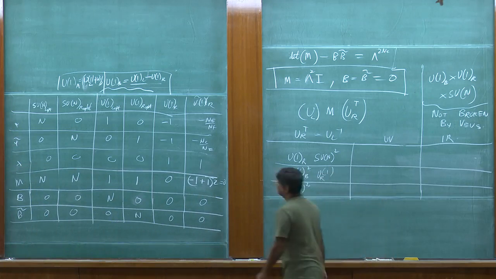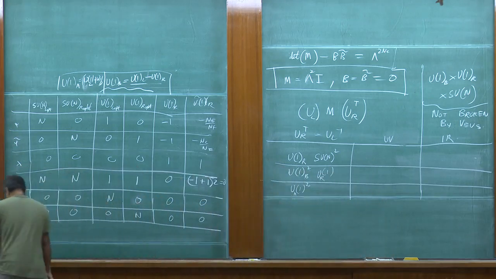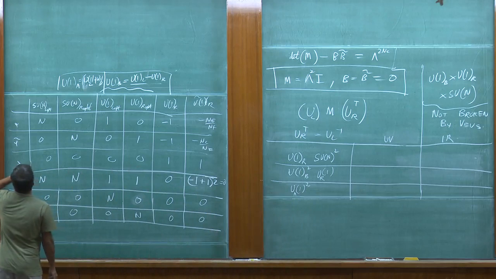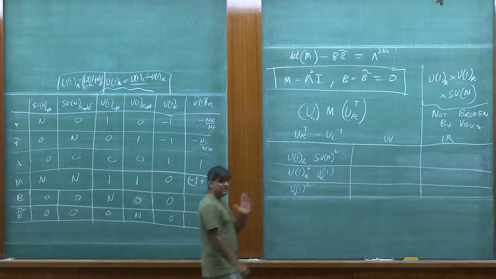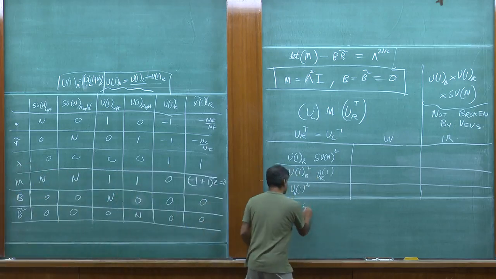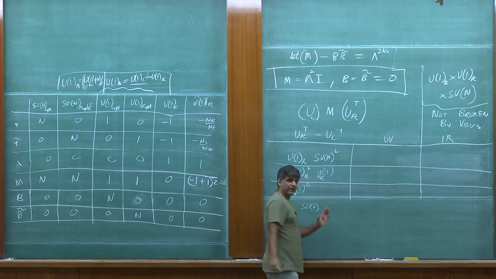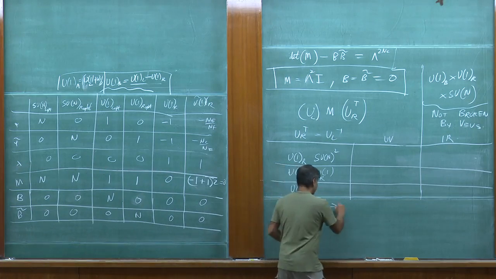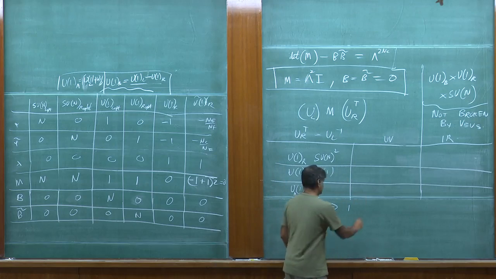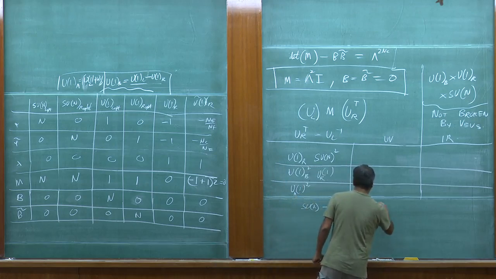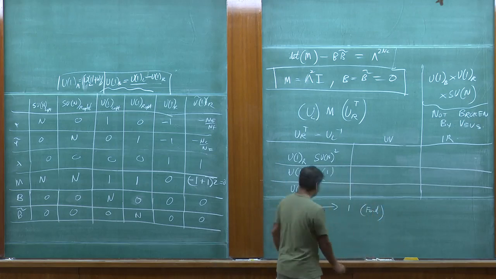We remember we will always use units in which, under SU(N), the contribution of a fundamental is 1. Some people call it a half, doesn't matter.